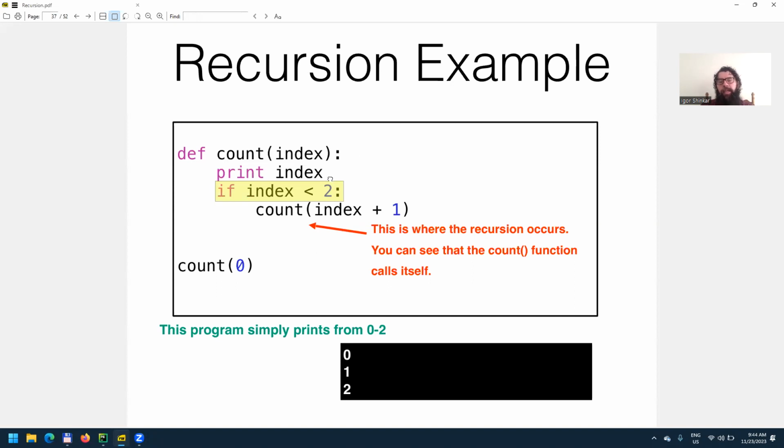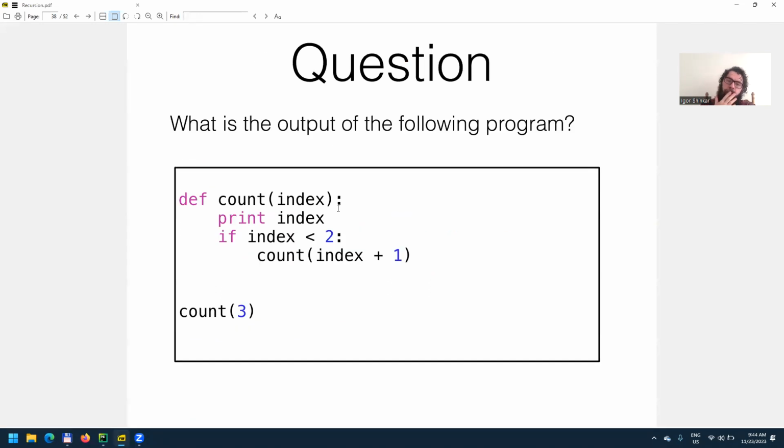And here the base case is that index is greater or equal to 2. Usually it goes down, but you can come up with funny examples where the base case is actually not 0, it's 2. So what do you think will happen in this example? We call count of 3, it will print 3.